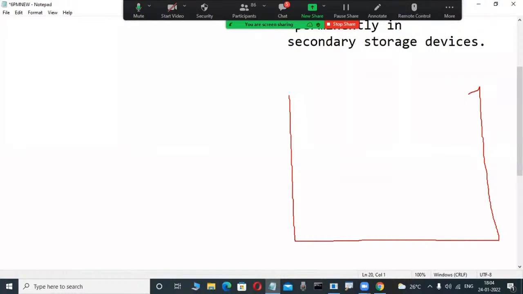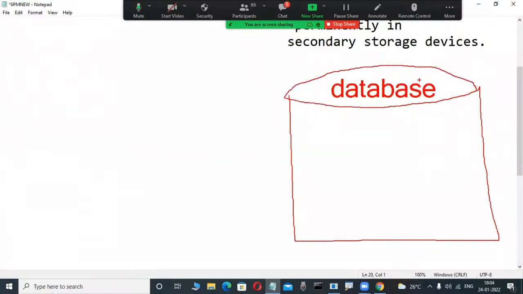That is called a database. But these databases, Oracle, SQL Server, DB2, Sybase, do not store a random collection of data. They only store a structured collection of data, stored in an organized fashion.